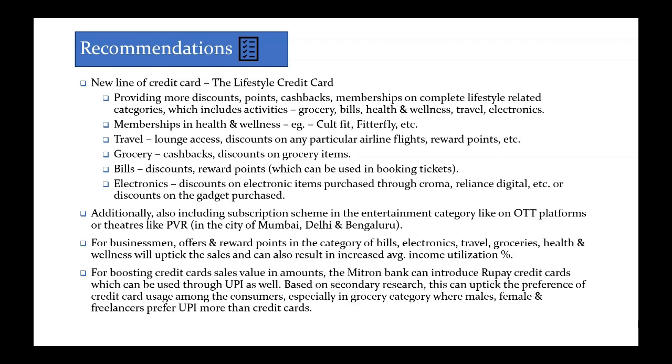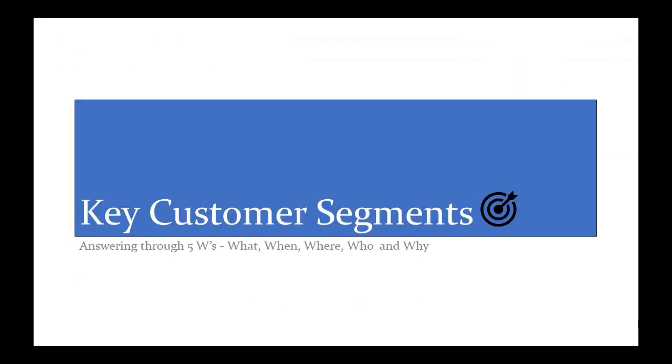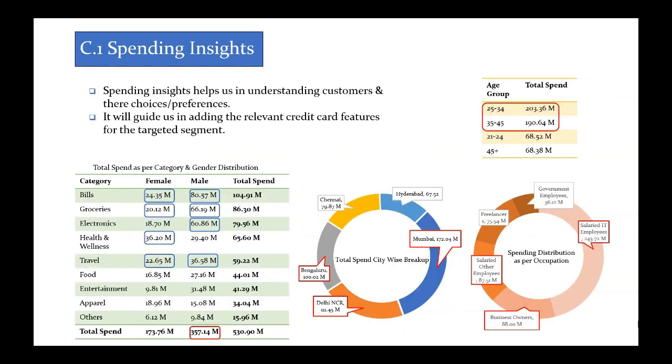Then for businessmen, this lifestyle credit card will be helpful because the major categories in which they spend are bills, electronics, travel, groceries, health, and wellness. So when we give more schemes like this, it can result in an increased average income utilization percentage, as we have seen that the total spend of business owners is much higher than freelancers and government employees.